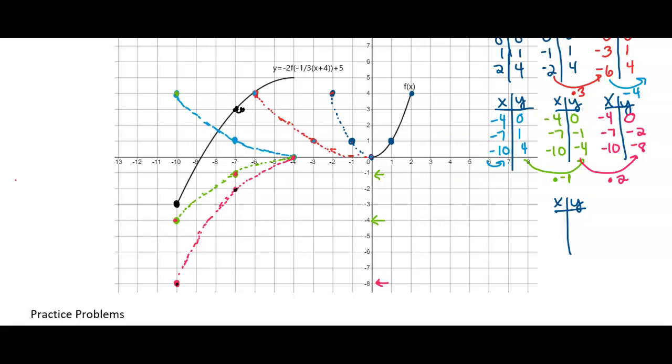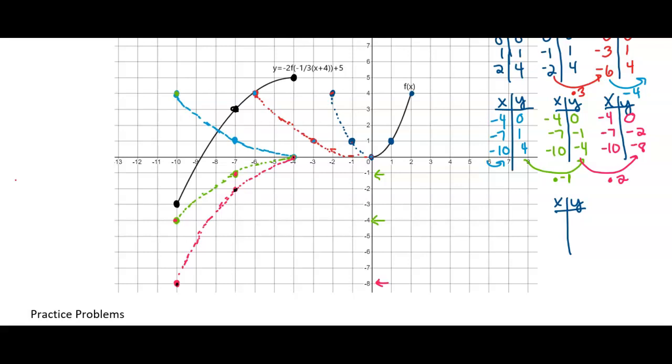Whoops, my pen went crazy on me there. Let me try that again. That takes us to this point right here, which is negative 7, 3. And then this point at negative 4, 0, we move that up 5. It's going to take us right here to negative 4, 5.